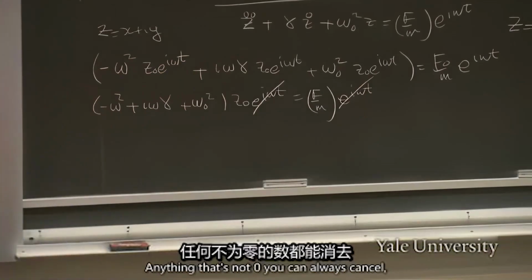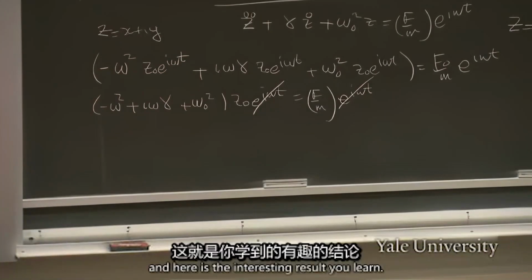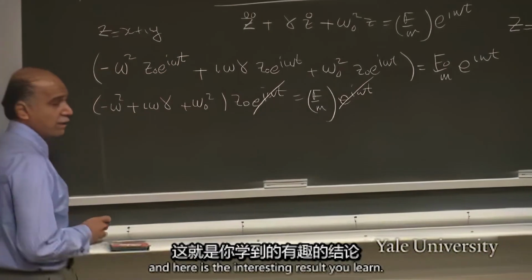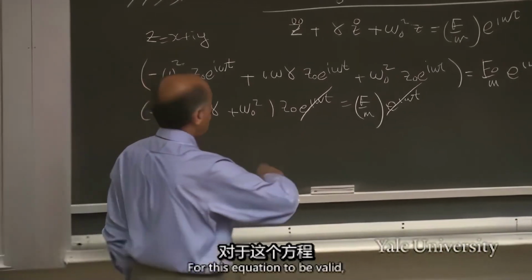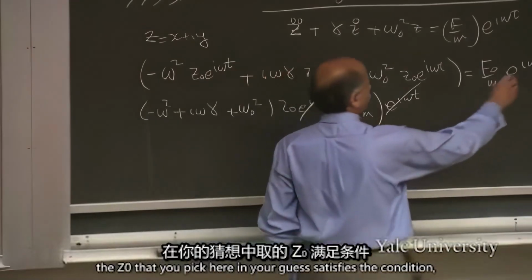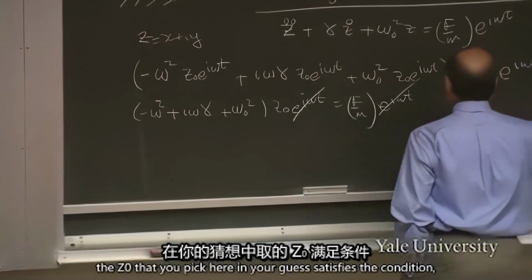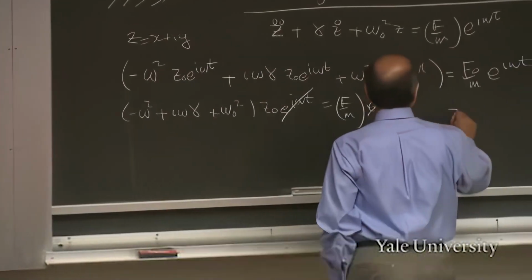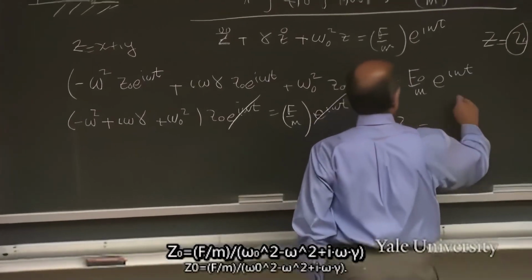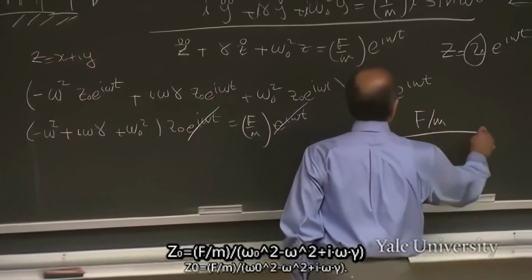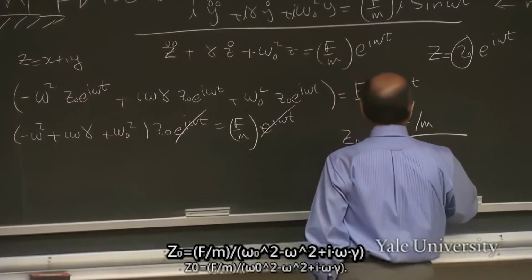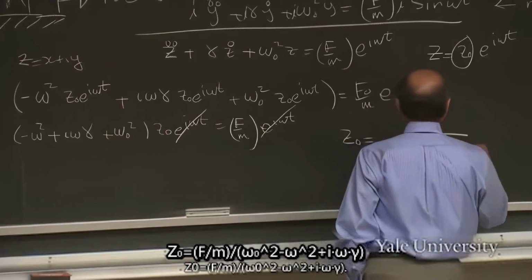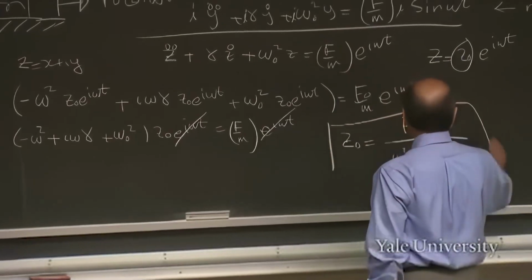Anything that's not 0, you can always cancel. And here is the interesting result you learn. For this equation to be valid, the z naught that you pick here in your guess satisfies the condition z naught equals f over m divided by omega naught squared minus omega squared plus i omega gamma.